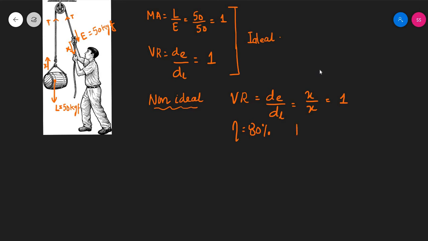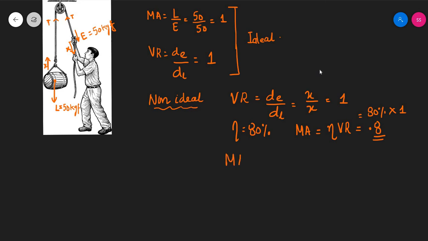So your mechanical advantage in this case is going to be efficiency times the velocity ratio, which is the same as levers. Here it's going to be 0.8, because 80% times a velocity ratio of 1 gives 0.8.